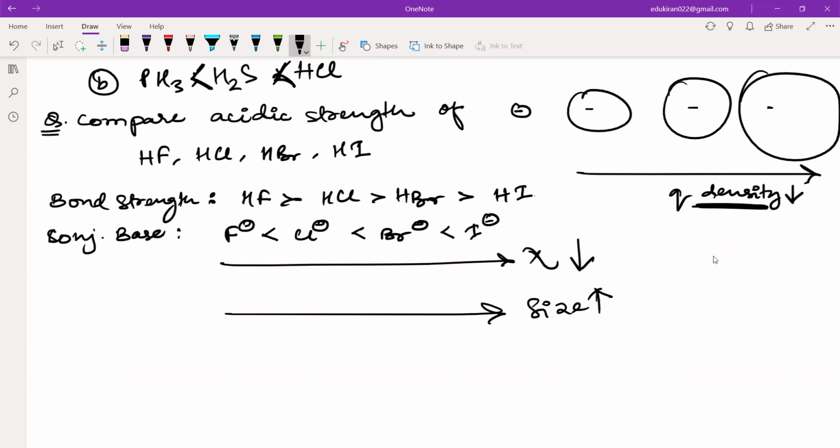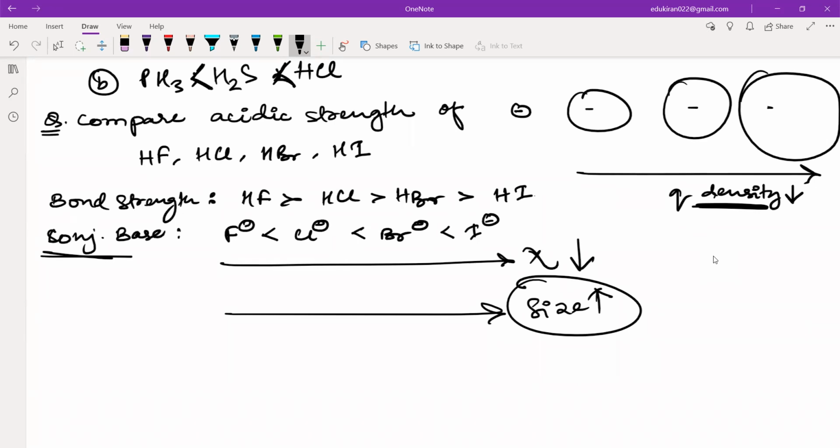Okay. So whenever you are talking in terms of a group, and there is a property, for example the stability of the conjugate base, where size is a factor, then size will dominate, not electronegativity, because there is a huge increase in size and not much increase in the electronegativity of the halogens when I go from top to bottom.